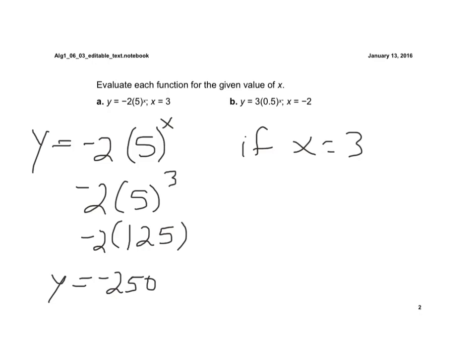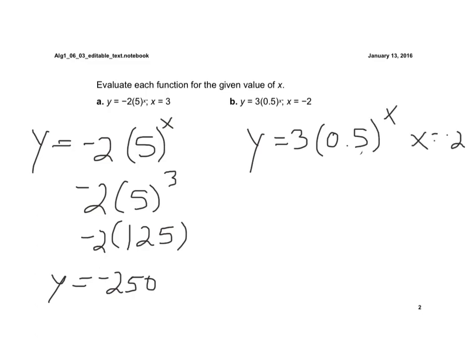Well, now we're going to look at example B. In example B, we want to evaluate y equals 3 times 0.5 to the x if x is negative 2. Now, when we do this, we have y equals 3 times 0.5 to the negative second power.